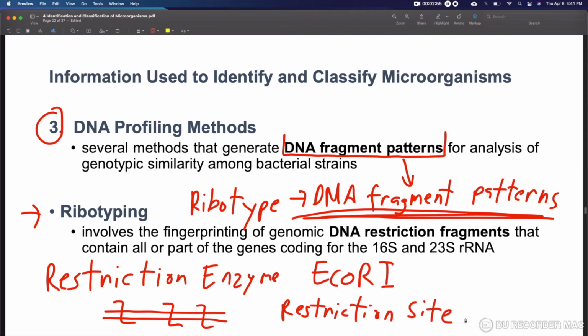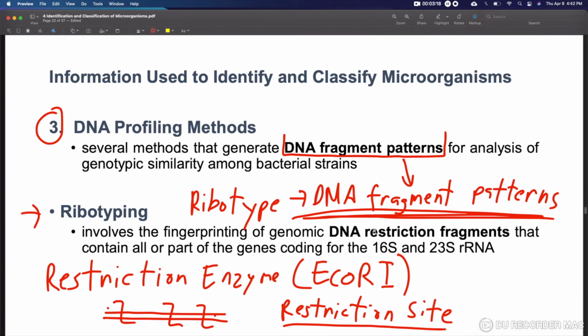It will create a cleave. EcoRI, for example, will create a cleave on certain restriction sites of the genome of your organism. Thus, it will create many fragments of your DNA.